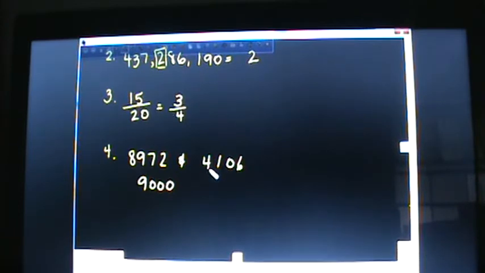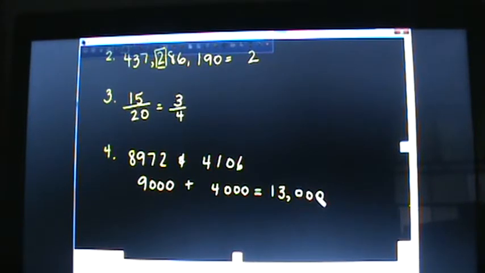And looking at 4,106, that tells me that this is closer to 4,000. So my problem says estimate the sum. Sum means to add. So I'm going to add 9,000 plus 4,000. 9 plus 4 is 13. And now I need to add 1, 2, 3 zeros to the end of it. So my answer would be 13,000.